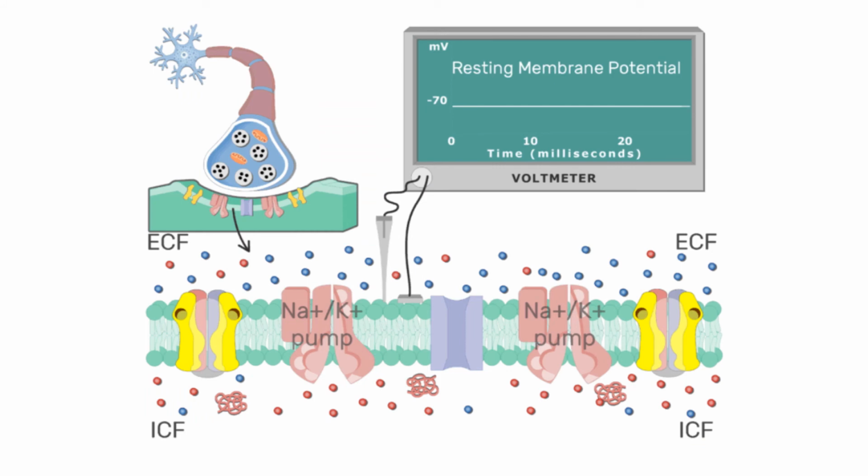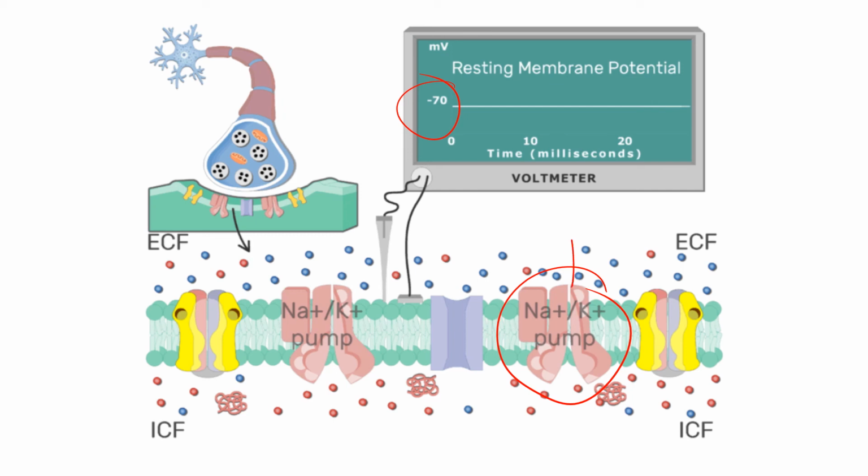All right, so what is the charge at rest? It is negative 70 millivolts. That's a good number to know. And of course, if we're at rest, we're looking at sodium and potassium channels staying closed. But what is this pump constantly doing for us? It maintains resting potential. How does it do that?